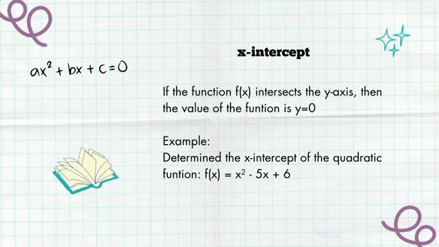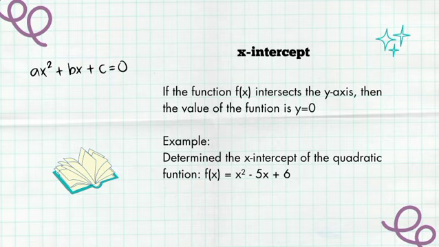Let's look at an example. Find the coordinates of the x-intercepts of the quadratic function f(x) equals x squared minus 5x plus 6. We are going to find the x-intercepts.